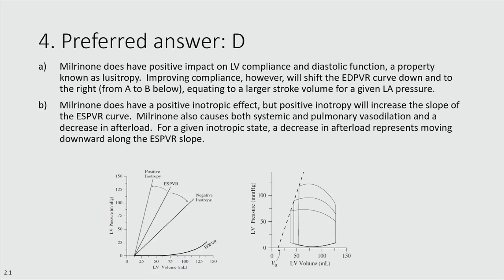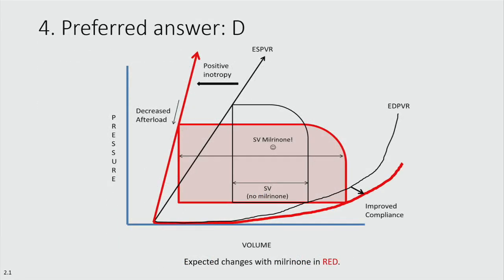You mentioned that you want to make the box bigger, so if you move down along that curve, you make the box smaller. It might help to show this slide. So this is just a summary of milrinone. The little black loop is your baseline.